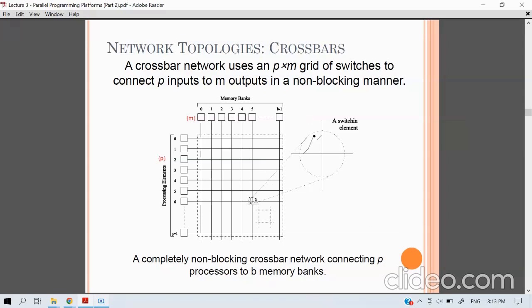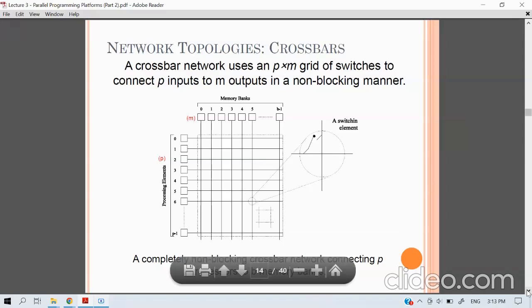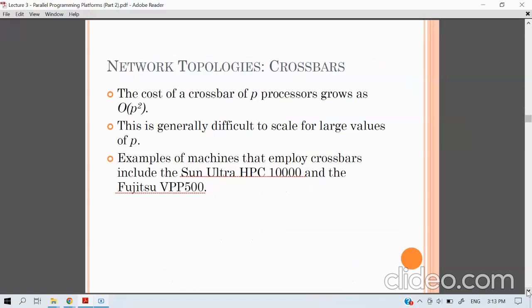So this is the switch that connects the processor and also the memory. So that's why we call it crossbar. The cost of a crossbar of P processors grows as P to the power of 2. So this is generally difficult to scale for large values of P.